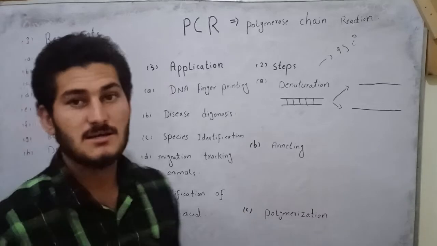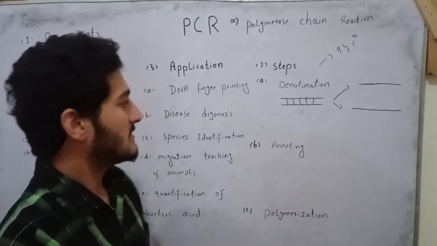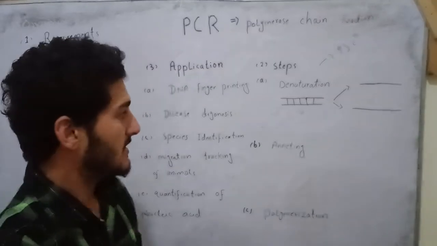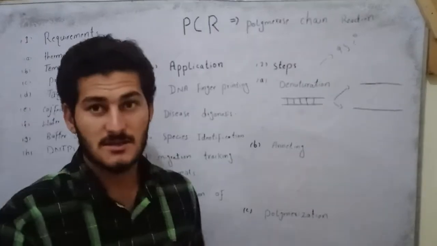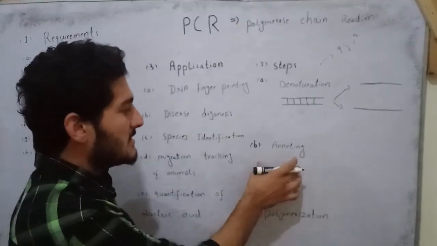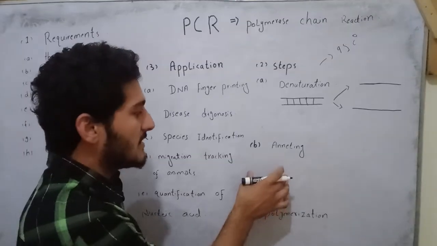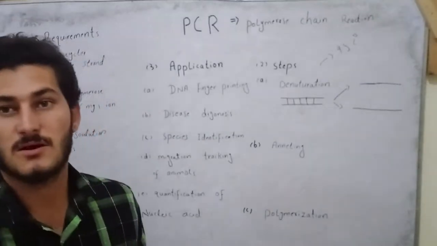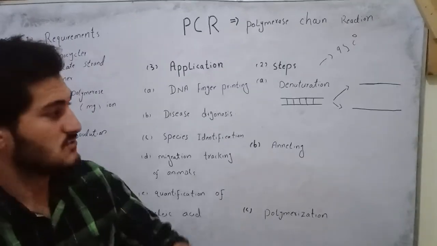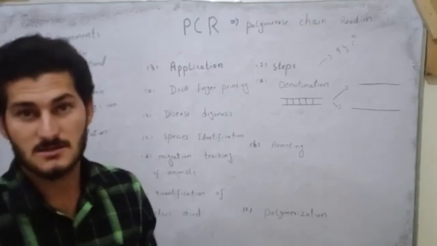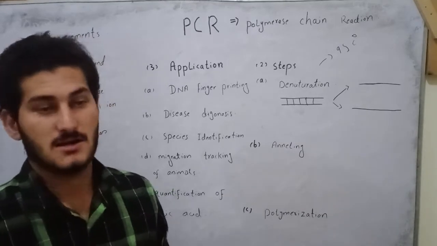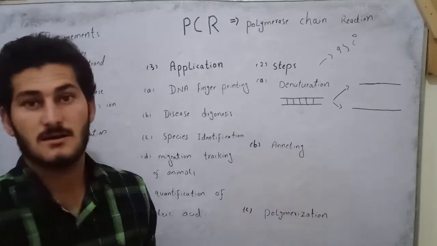Now when the two templates are formed, the next step starts. In the first step, the double-stranded DNA is converted into two template strands. Now annealing is that step of PCR in which primers attach to these template strands. One pair of primers is required for the annealing step.